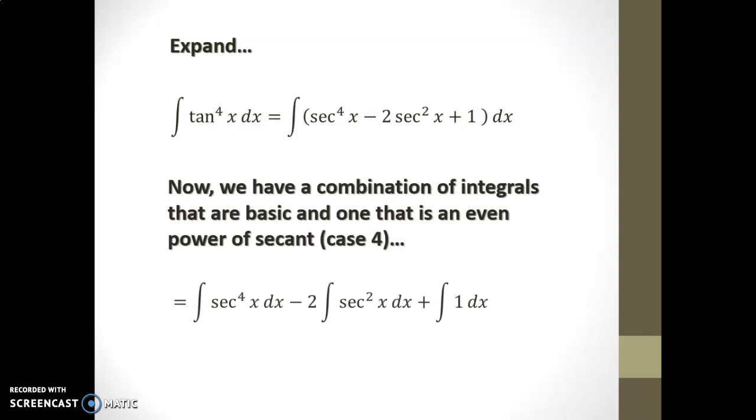We will split up our integral into 3 separate integrals, seeing as we need not use techniques for the second and third of these integrals.